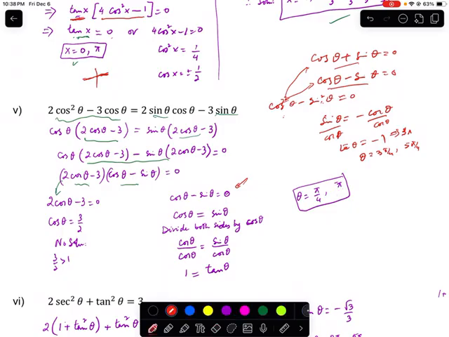In the fourth quadrant, the angle will be 7 pi over 4. Here it will be in the first quadrant and the third quadrant. So we get theta equal to pi over 4 and 5 pi over 4.